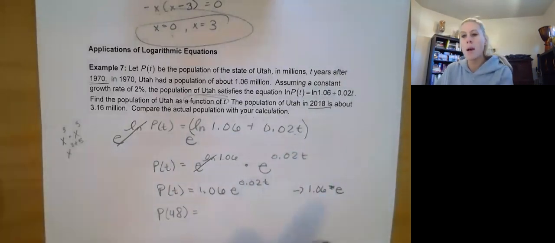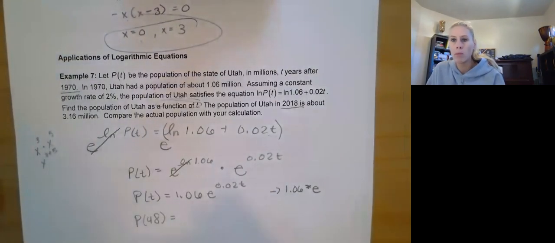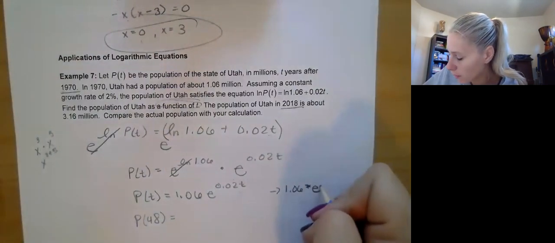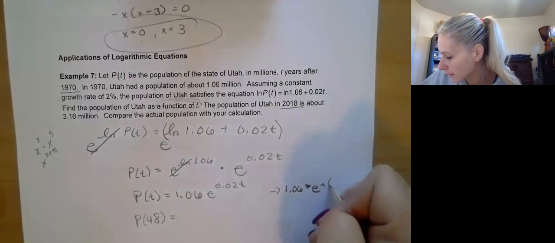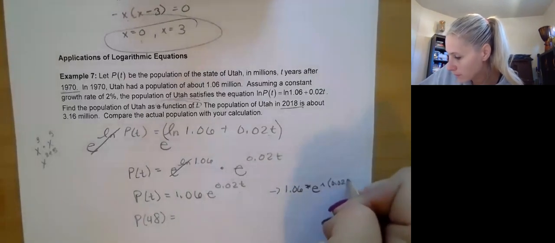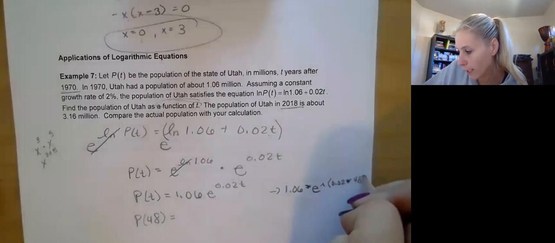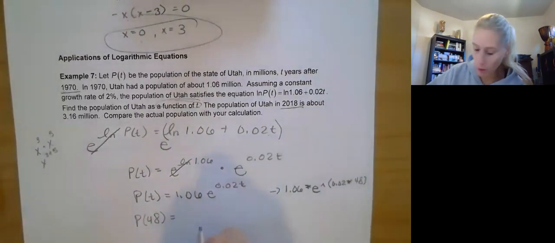Now some calculators will do a caret, some will just have a space, but make sure that whatever you put into the exponent there, have parentheses around the 0.02 times 48. So we remember that the 48 does go into the exponent also.